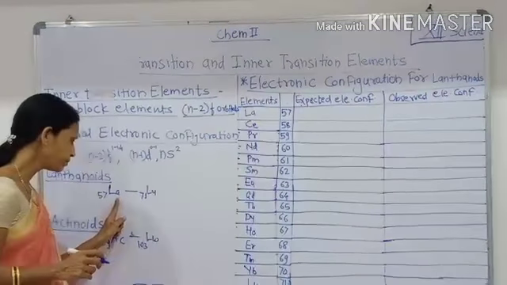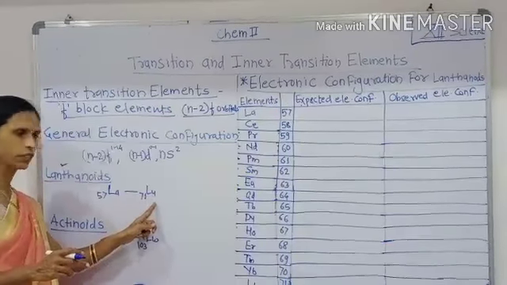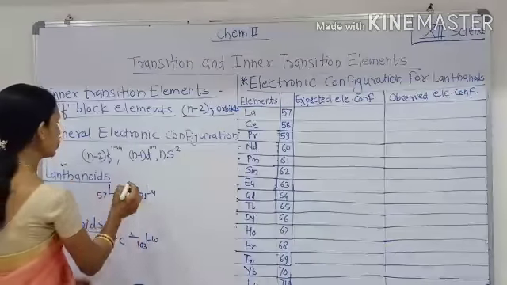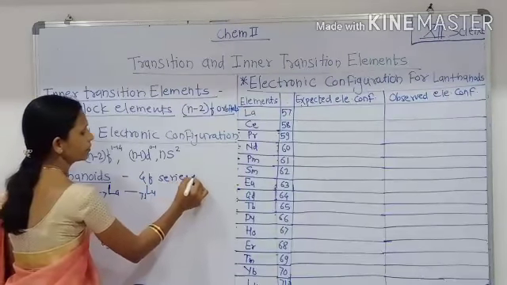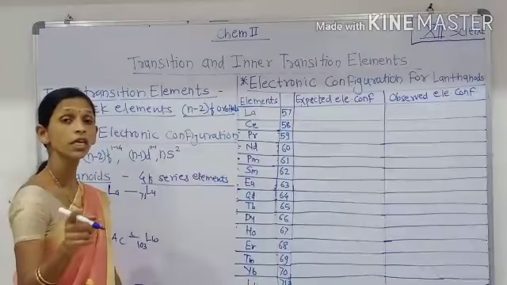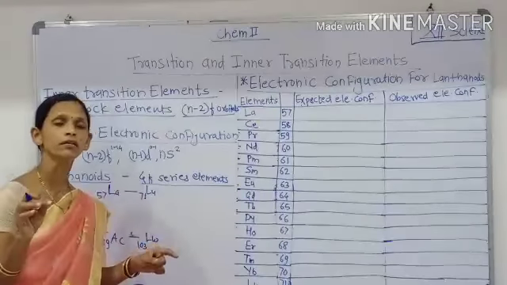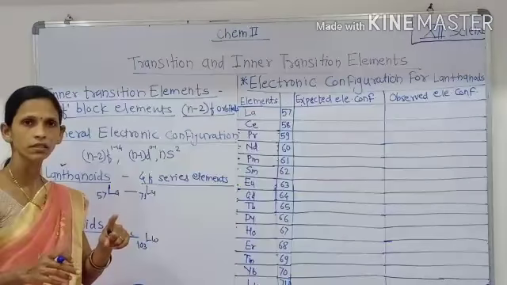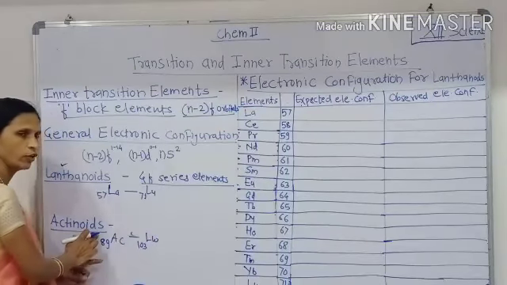Lanthanum, having atomic number 57, to lutetium come in the lanthanoid series, which is also known as the 4f series elements. This is the first inner transition series, present in the 6th period of the periodic table. The second inner transition series is known as actinoids.